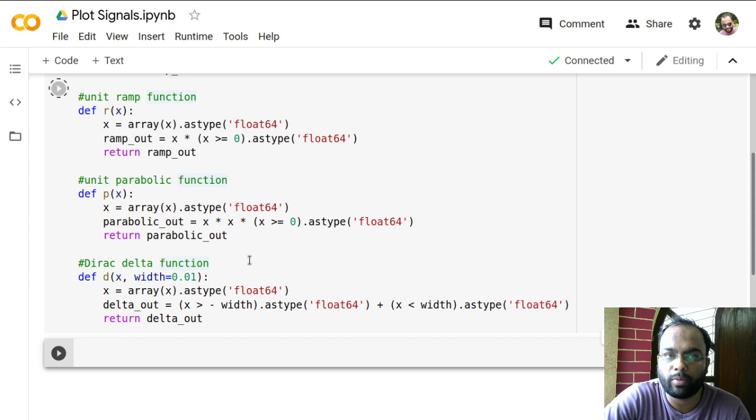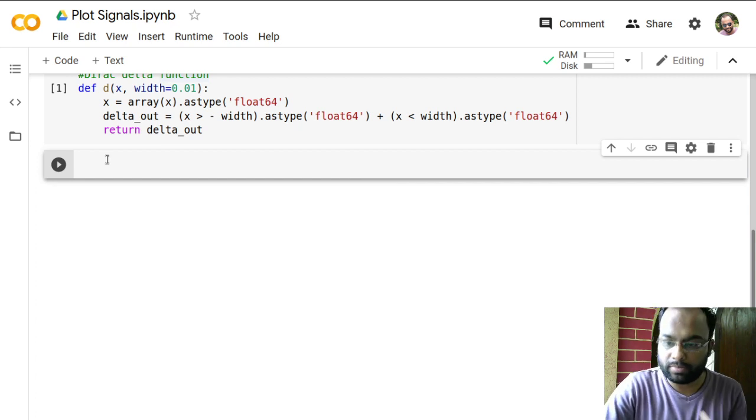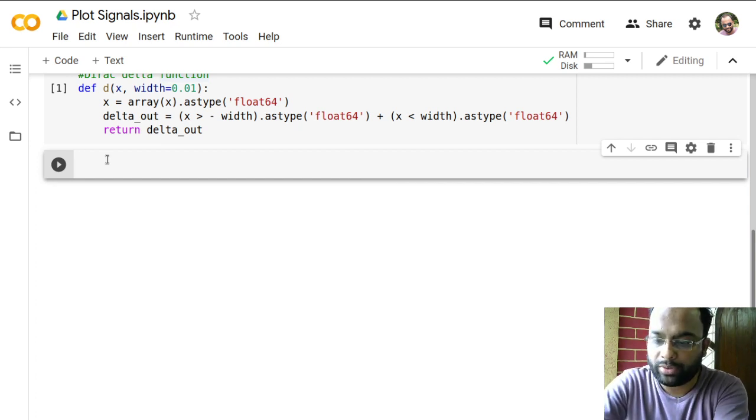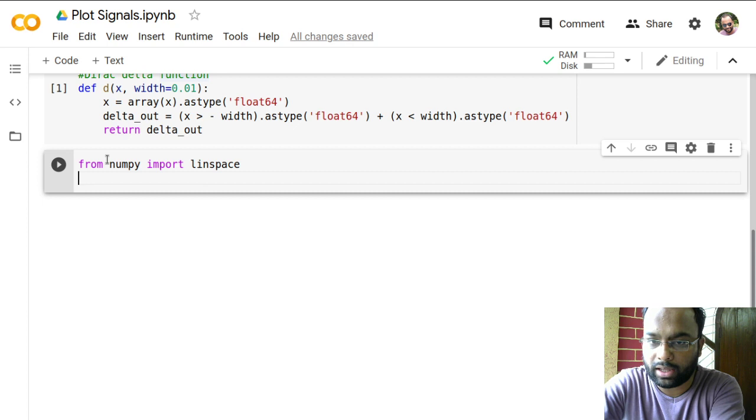It is taking a while for the first time, if you're running this for the first time. So it did this, and I'm going to open a few things. So I would say from numpy import linspace, you would see why.